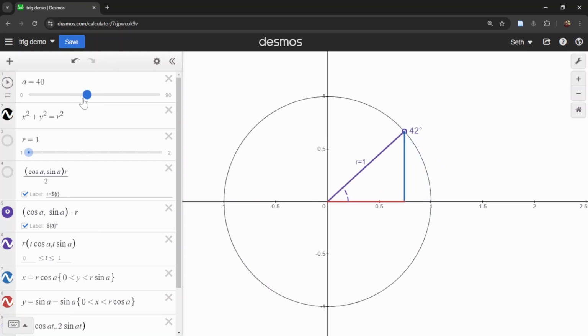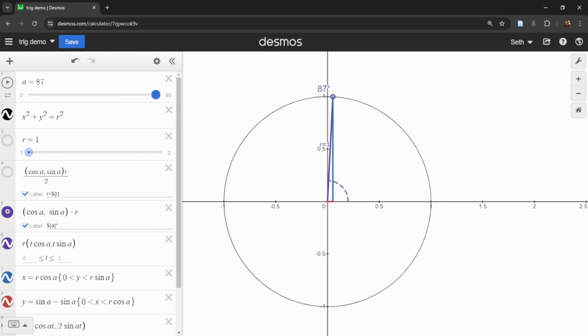So remember, we always start right here at the coordinate (1, 0), where cosine is 1 and sine is 0. There's no vertical distance from the x-axis. And then we think of it as traveling counterclockwise. And you can see how sine and cosine are changing as we go around.